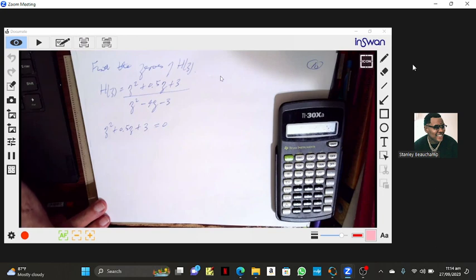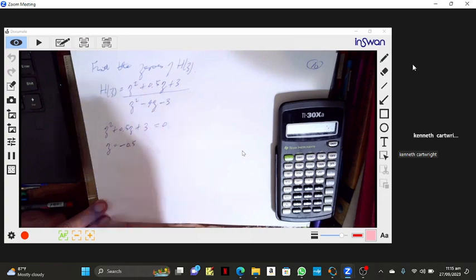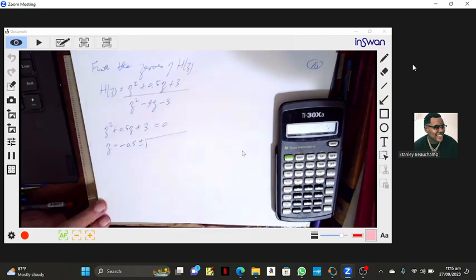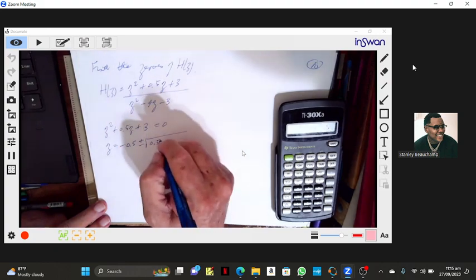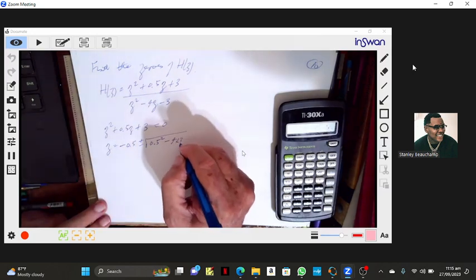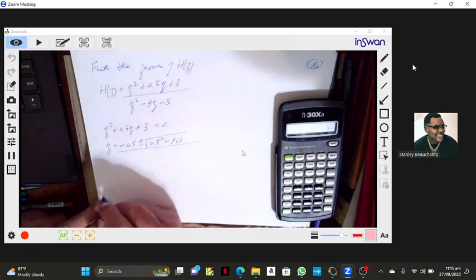Z equals, if you want to put it like that, negative 0.5 plus or minus the square root of 0.5 squared minus 4 times 3, because the leading coefficient is 1, all over 2.